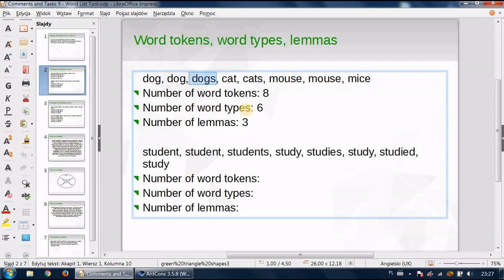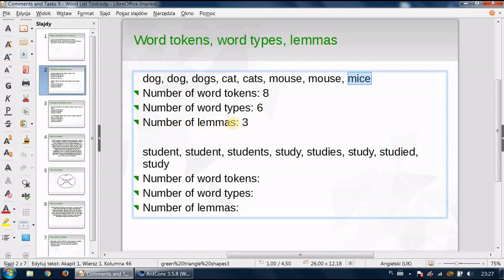So as far as word types or word forms, if you want to call them this way, but typically they are called word types, would be 1 for this one because they are identical, 2, 3, 4, 5 because they are identical, and 6. So there are 6 word types here.